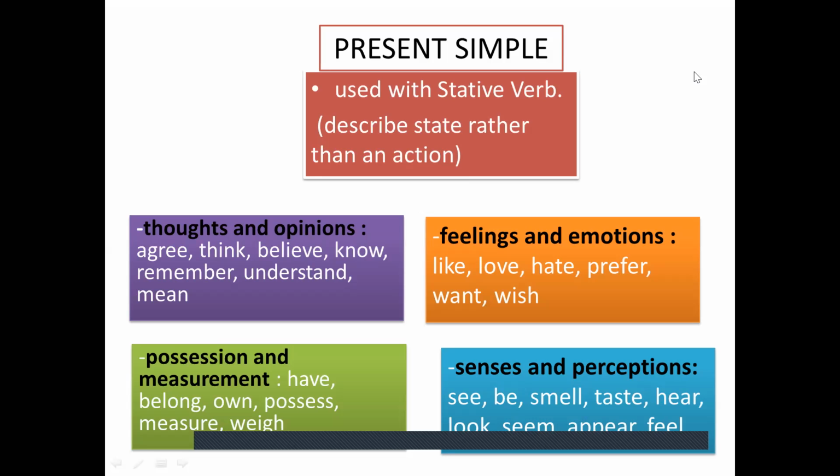And it's also related to senses and perceptions such as see, be, smell, taste, hear, and others. Well, when the predicate of a sentence is a stative verb, please remember you need to use present simple, not present continuous.